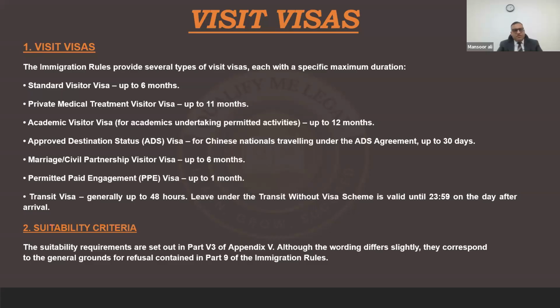So let's move to suitability criteria. As I already explained, there are different categories of visit visas. I already explained how to apply, and what to write in additional information. Either you have to explain in detail in the additional information column, or if you're part of a law firm, it's important to write a very, very detailed presentation letter on behalf of your client, saying that this is the whole case, and you need to satisfy the caseworker how your client is meeting the whole requirement of a visit visa.